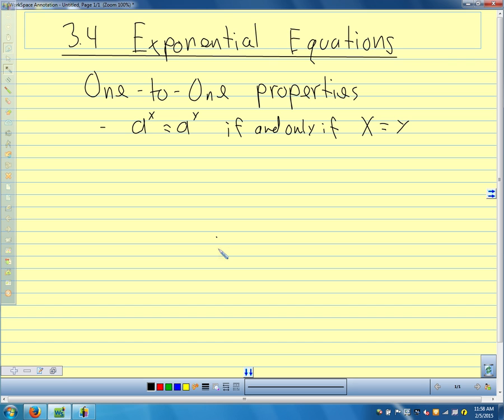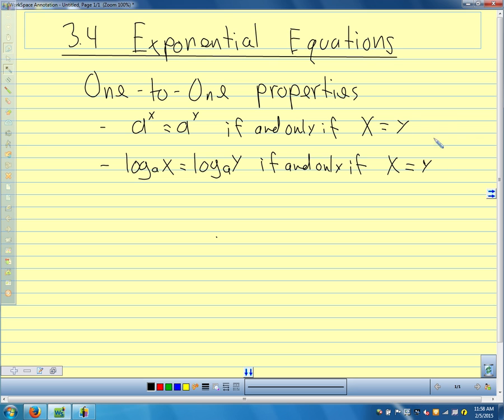And the same is true for logarithmic functions. Log base a of x equals log base a of y if and only if x equals y. So this is one of the properties that we'll use to solve exponential and logarithmic equations.